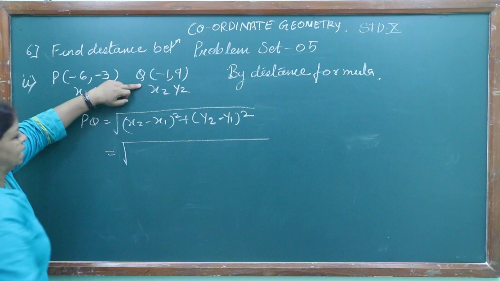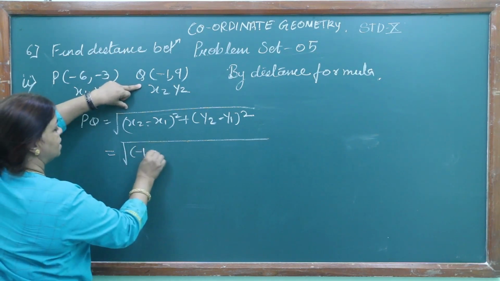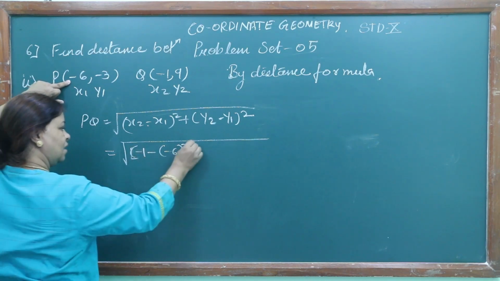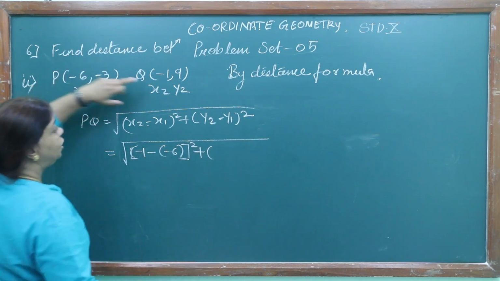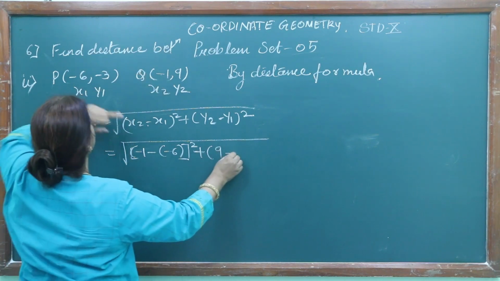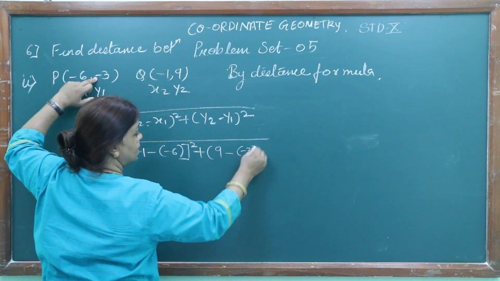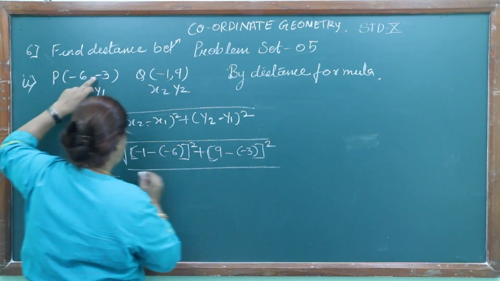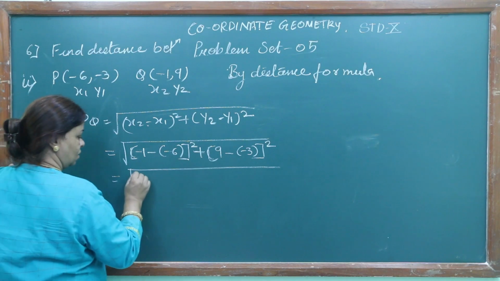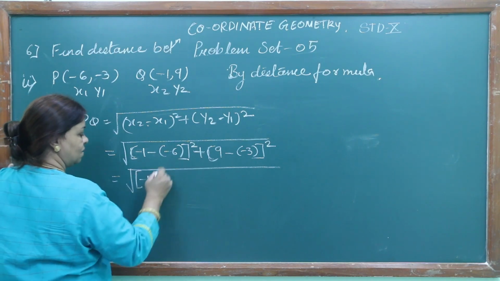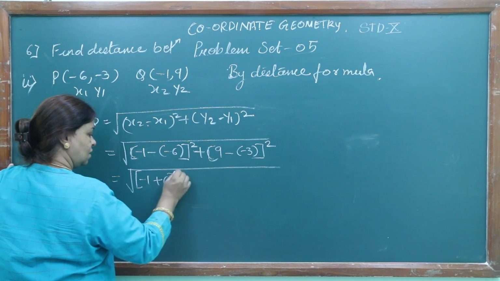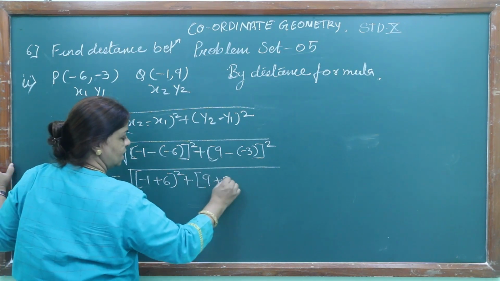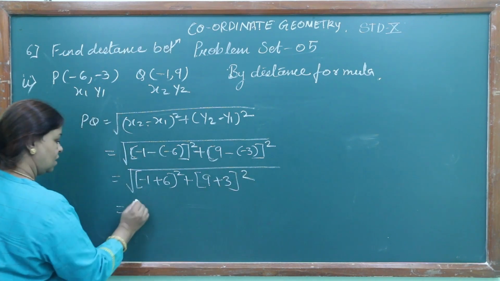What is x2? Minus 1 minus x1 minus 6 in the square bracket whole square plus y2 9 minus y1 again minus 3 the whole square, which is equal to under the root minus 1 plus 6 the whole square plus 9 plus 3 the whole square.